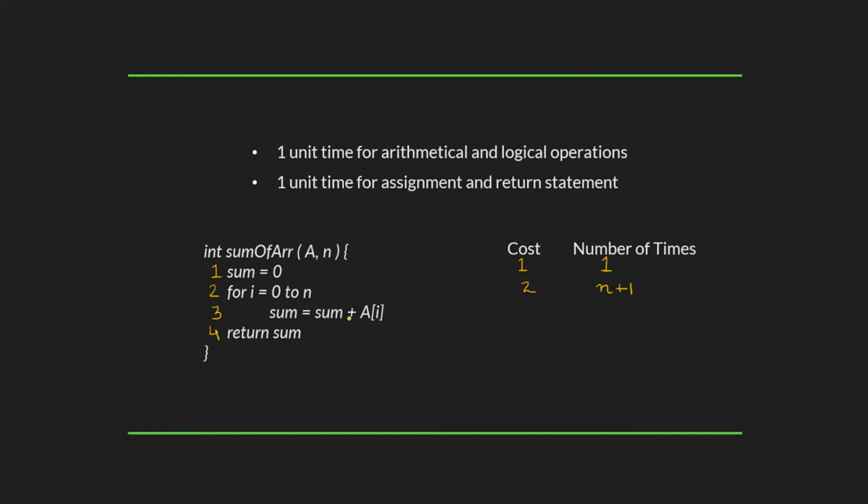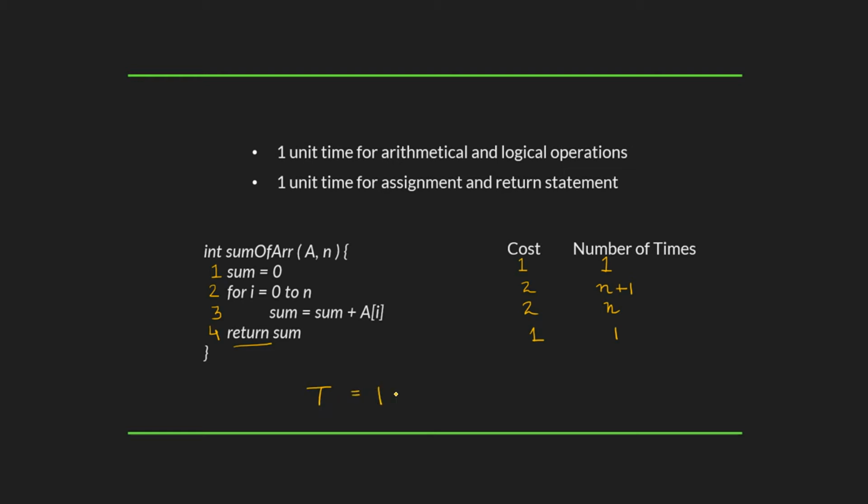The third line will take two operations, that is 1 for assignment and 1 for the arithmetic operator. This will execute n number of times. And the fourth line will execute once and it will have cost 1 for the return statement. So now let's find out the total time.